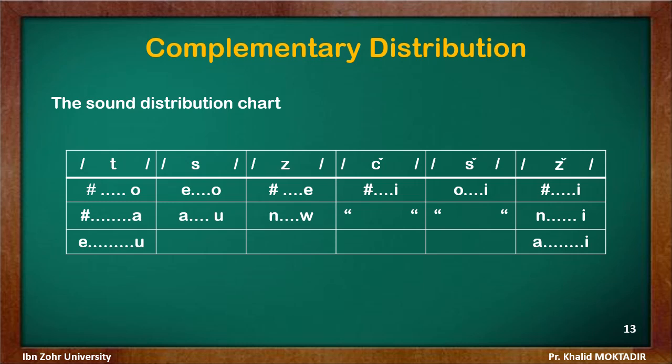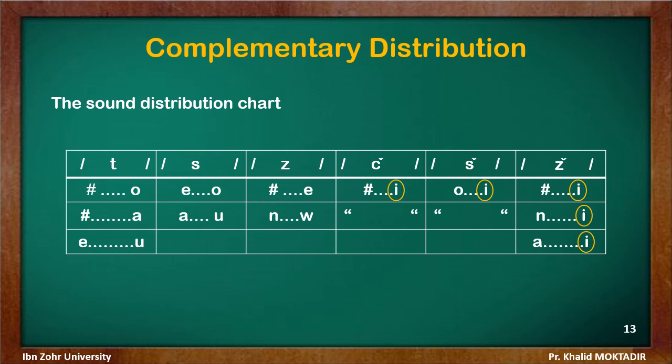Now for ch, sh, and j, it's quite easy to see that all of them occur in the same kind of context, that is just before the vowel e. So here again, we move on to the next question, which requires you to say which of the two variants should be considered as the basic form and which one as the derived form.